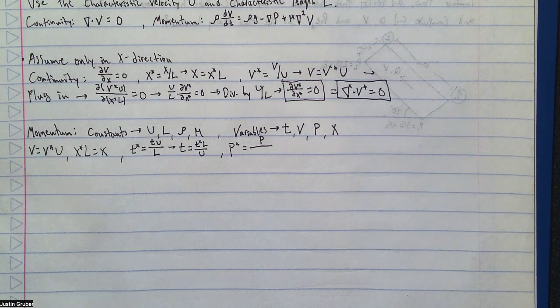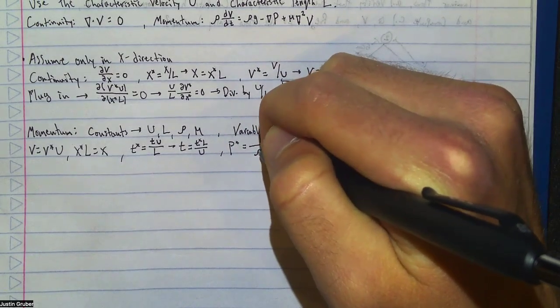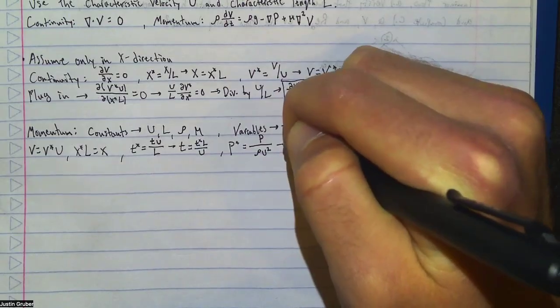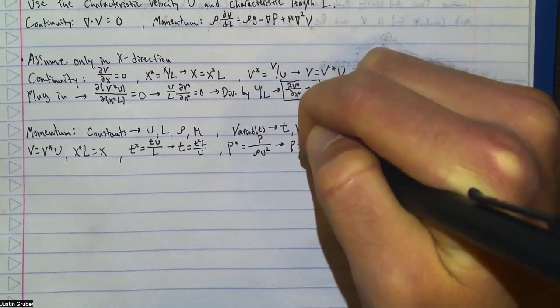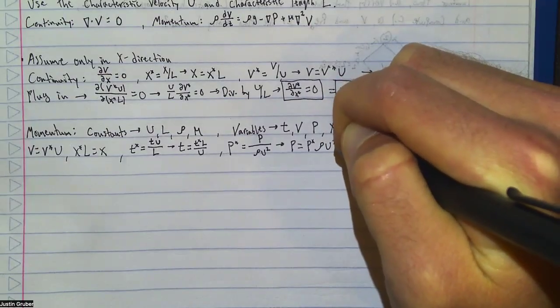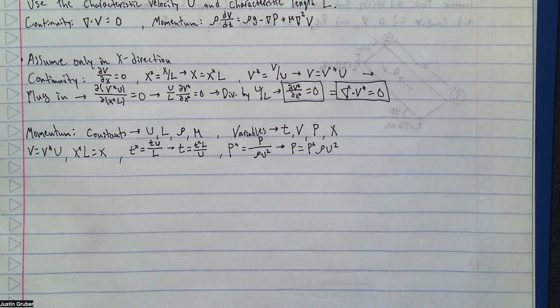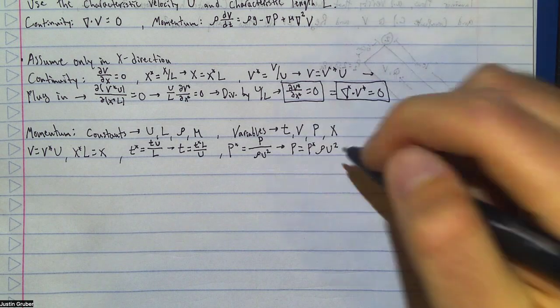That's a pressure term right there. If you do the math for that, those are units of pressure. Same thing, we can just divide by rho U squared. So we get p equals p star times rho U squared. Cool. All right, so now we have all of our non-dimensionalization stuff out of the way.